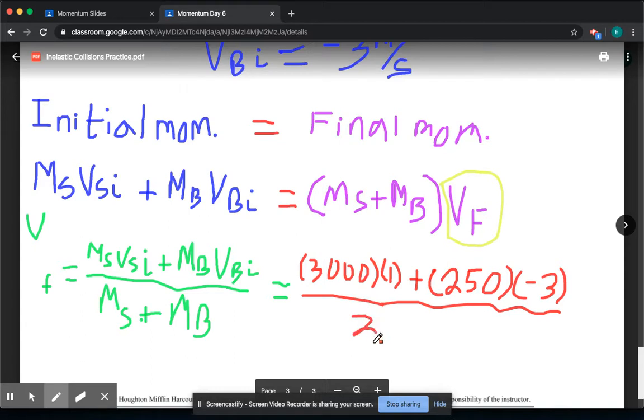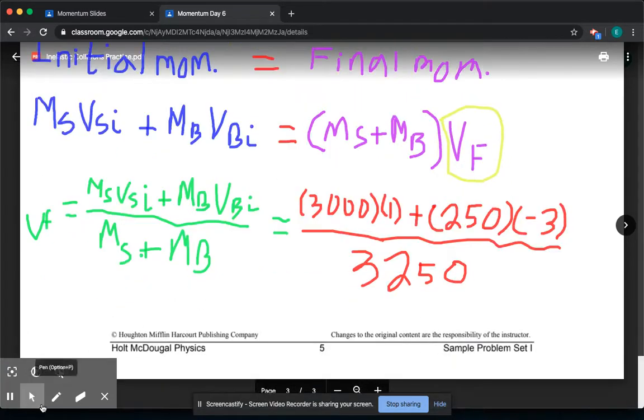That would be 3,250. That's what you're plugging into your calculator. If you plug that into your calculator, you should get that it equals 0.69 meters per second. I'm running out of space here, so I'm just going to put the final answer.